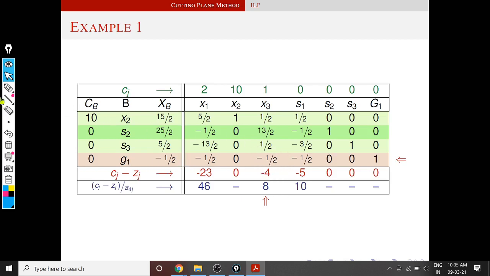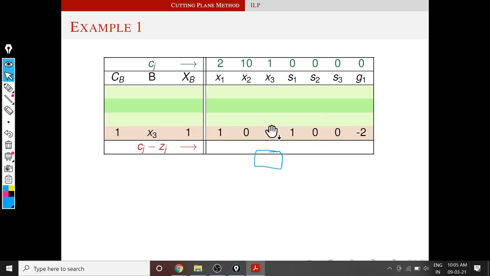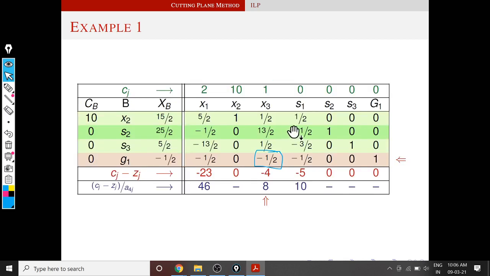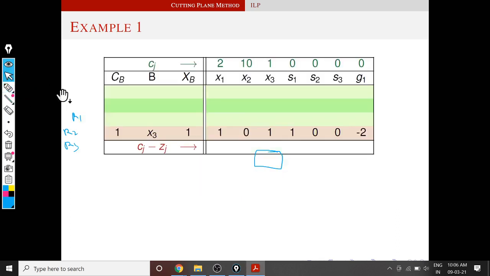So now this element is our pivot element. Then make this 1 and make all the others 0. So this is 1, then 0, 0, 0 using corresponding row operations. And here suppose this is r1, r2, r3, and if you take this as r4, then now this value is 1.